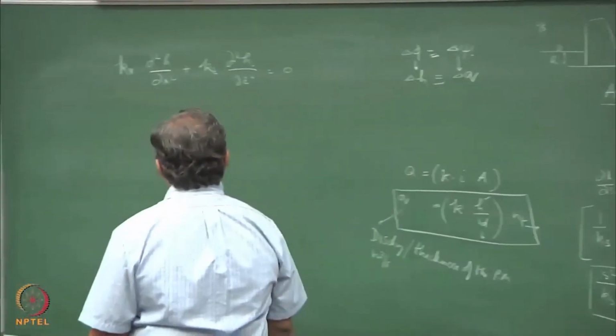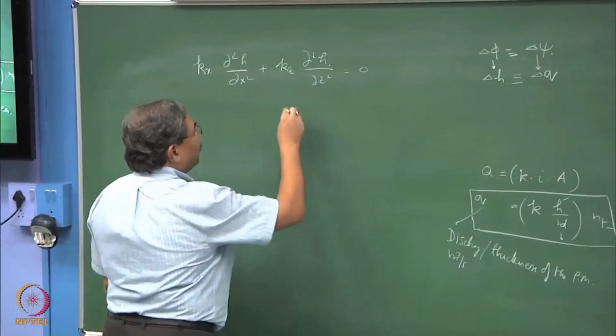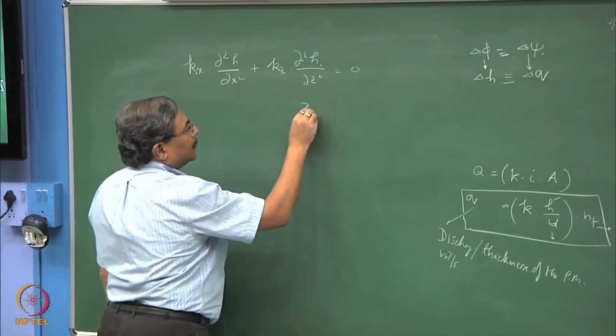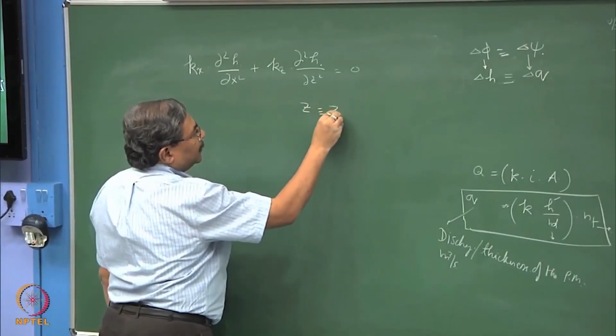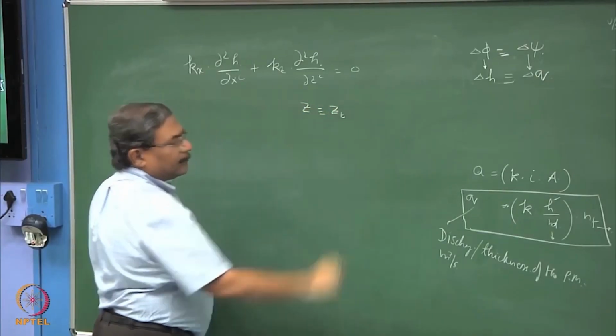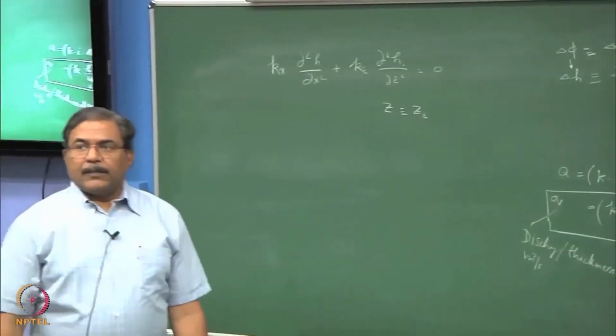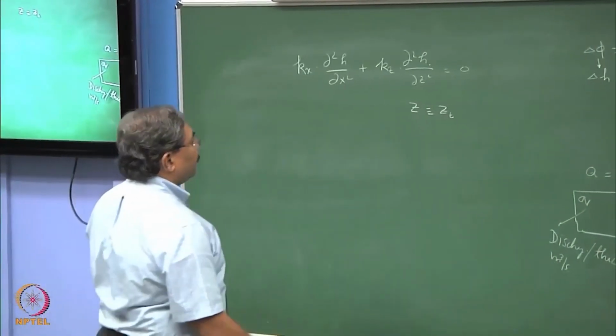I can create isotropy by assuming z is equivalent to z, let us say t, all right.